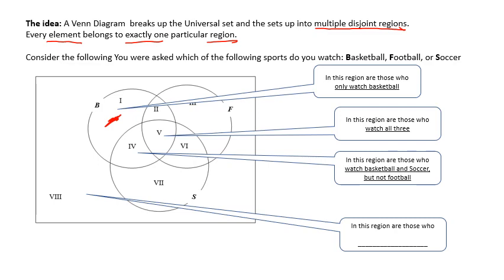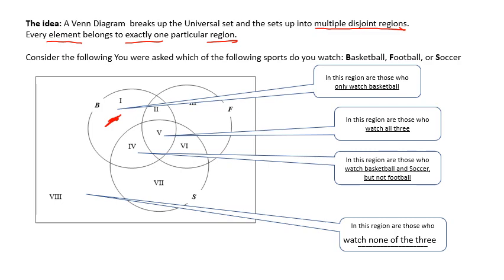If you're standing outside the 3 circles, well, what do you think you are? You're watching none of them. So hopefully this will give you the idea of a Venn diagram. You got to keep in mind the regions that are formed here are disjoint, meaning they do not overlap.